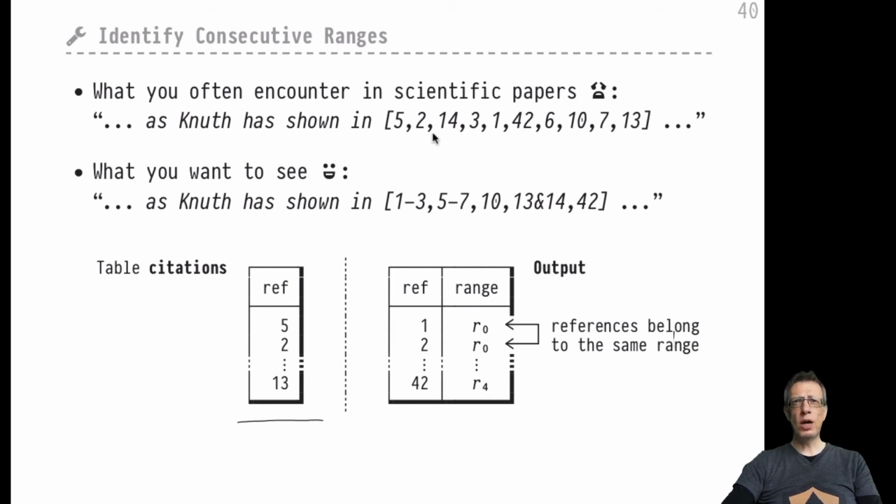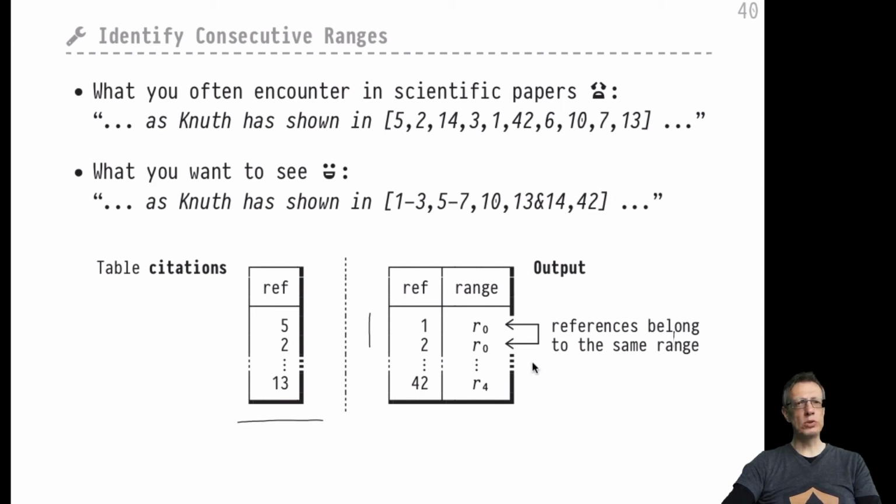What I would like to output then, an output from which I could easily generate this nice string here, is this. An ordered list of references that starts with 1 and then ends with the maximum number of reference. It's 42 in this particular case, and an indicator that there's indeed ranges going on. So the 1 and 2 and even the 3 that's not listed here would all belong to the same range R0, let's call it.